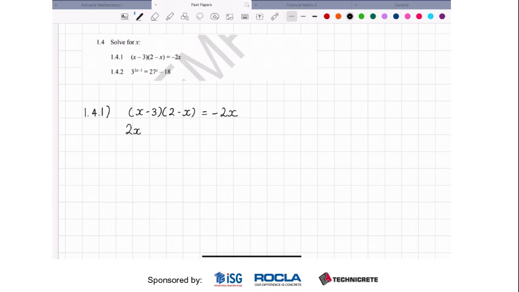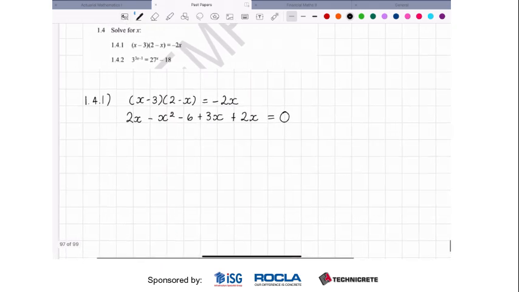So the firsts multiplied together, then the outer terms multiplied together, the inner terms multiplied together, and the last terms multiplied together. And then I'm also going to bring the negative 2x from the right-hand side to the left-hand side, and that becomes positive 2x. And then on the right-hand side, I'm left with 0.